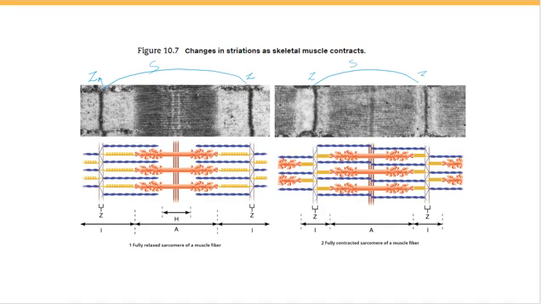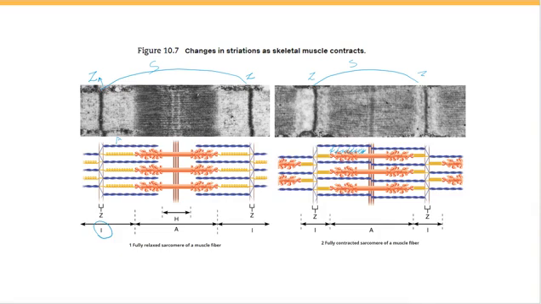Because the thin filament slides past the thick filament, we have more overlap between actin and myosin. So there is a smaller portion where we have only actin filament. Look at here, where we have only actin filament, but compare now that we have more overlap between actin and myosin.